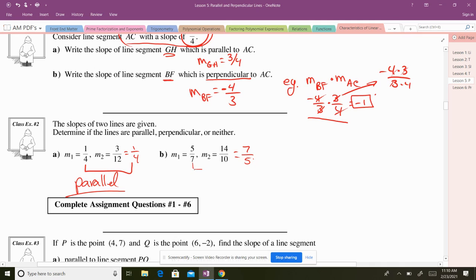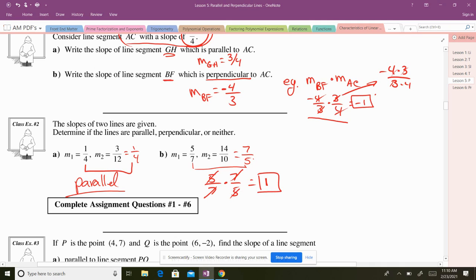So now I've got 5 over 7 and 7 over 5. If you multiply them together and they equal -1, that means they are perpendicular. Okay, so if I go 5 over 7 times 7 over 5, what do I get? I get +1, right? Because there's no negative here. So I end up with +1 because the 7s and the 5s all cancel.